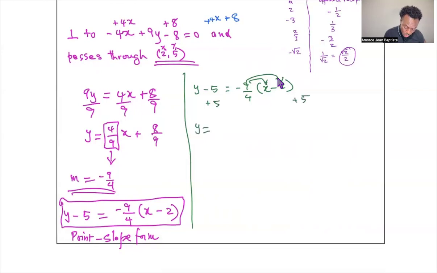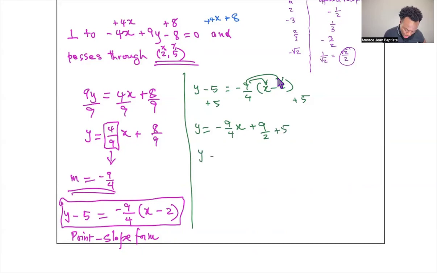So y equals negative 9 over 4 x plus 9 over 2 plus 5.